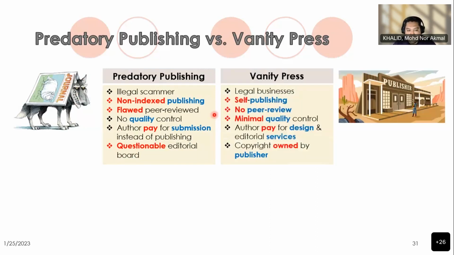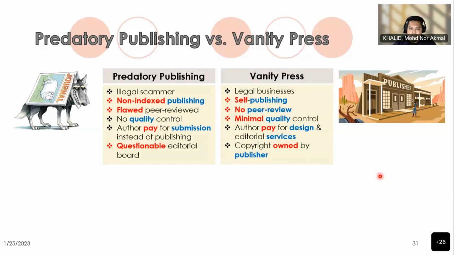And then vanity press is another issue in publication, because it is self-publishing. They are kind of like a self-publishing company, meaning that although they are legal, they are not doing something illegal. But the copyright is owned by the publisher, and you have to pay for the editorial services and design.